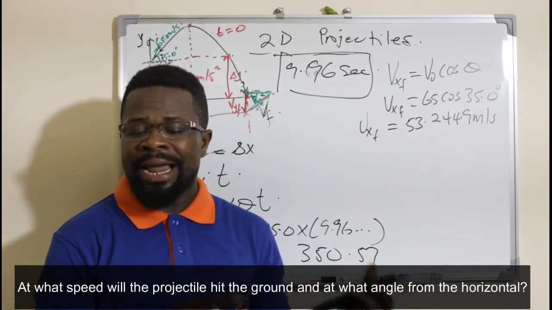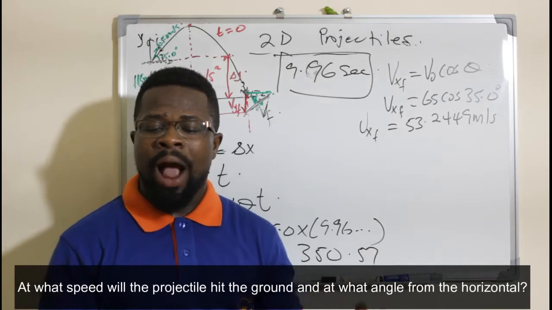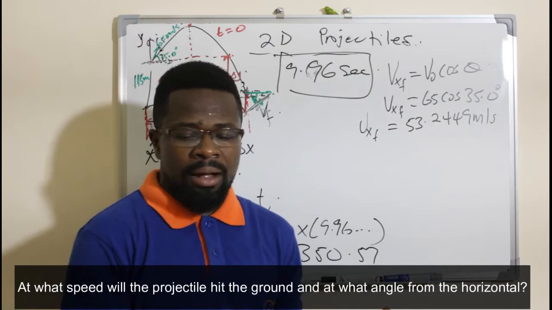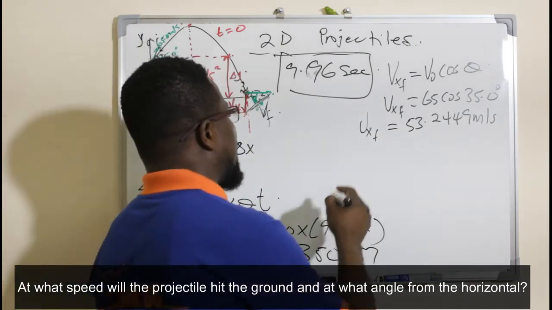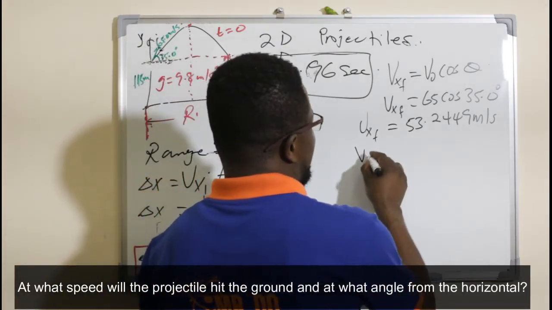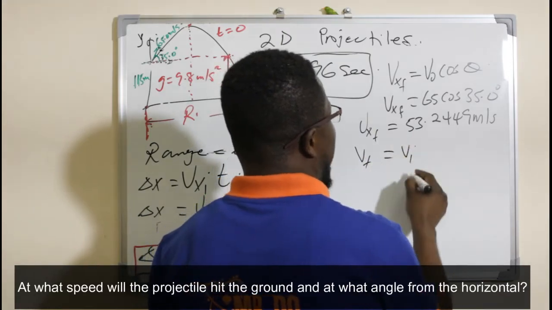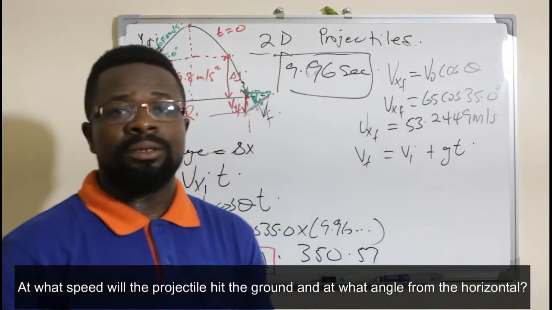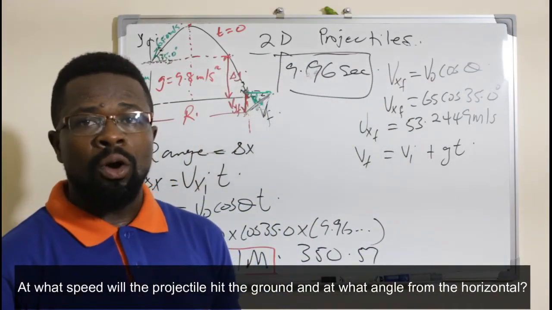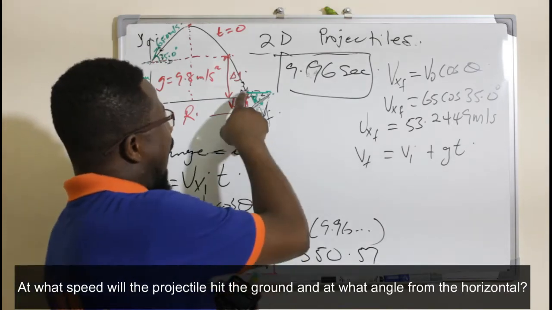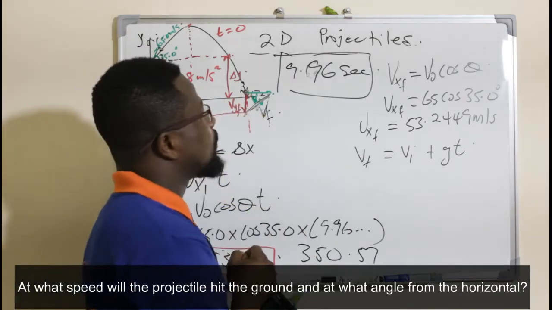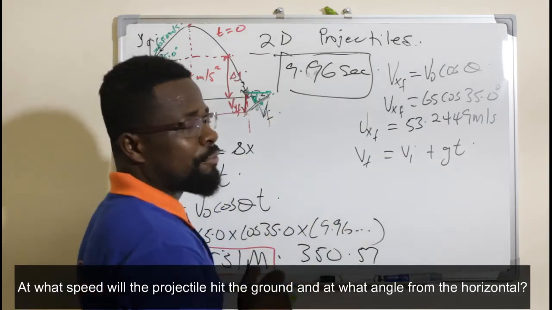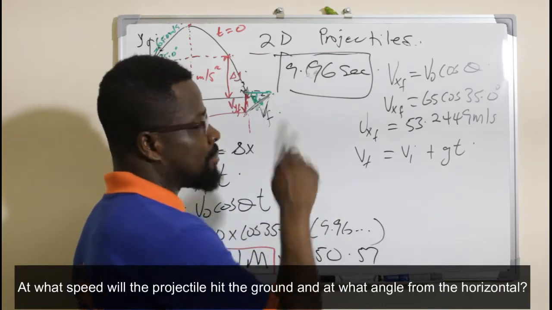Now let's look for the final velocity in the y direction. How do I calculate for that? Well, I can simply make use of the formula to say V final is equal to Vi plus GT. And then I'll be able to find out. Because I already know the time there, and I know G, I know the initial for the y component.